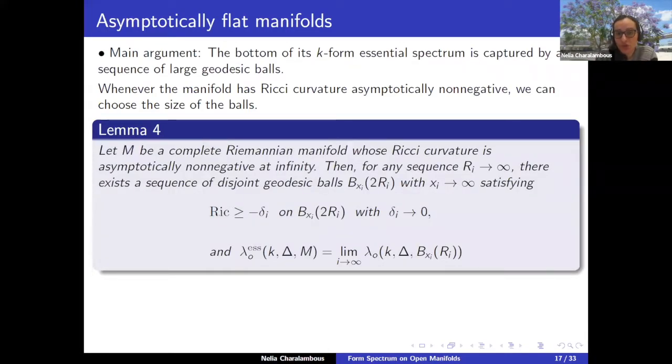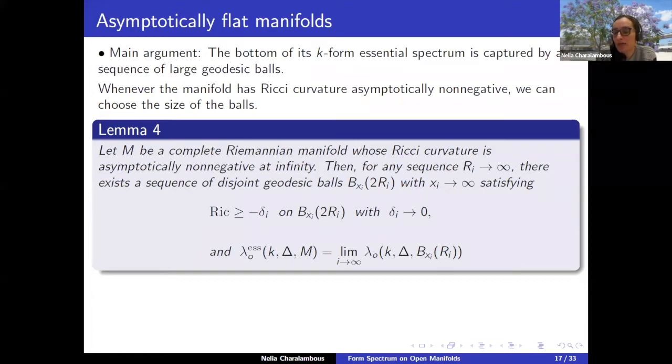I'm talking about asymptotically flat, but this first lemma holds in a little bit more general case, where we have a manifold with Ricci curvature asymptotically non-negative at infinity, and I choose any sequence of radii going to infinity, then I can find a sequence of disjoint geodesic balls whose centers go off to infinity, on which Ricci curvature is asymptotically non-negative.